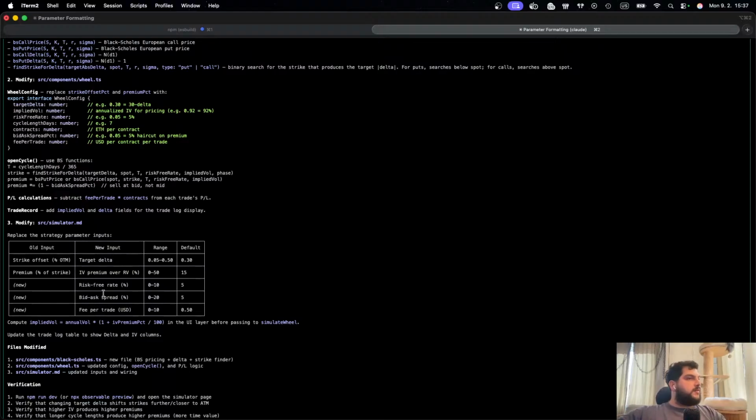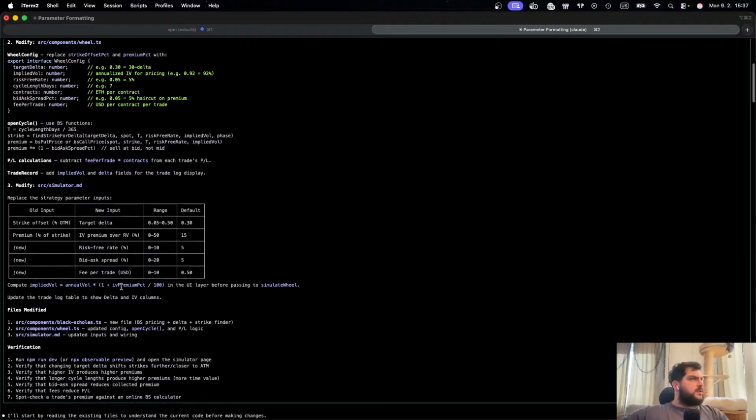Yeah, so here we have three new inputs. Risk-free rate, I think it's for Black-Scholes. Yes, bid-ask spread percentage, and fee per trade.